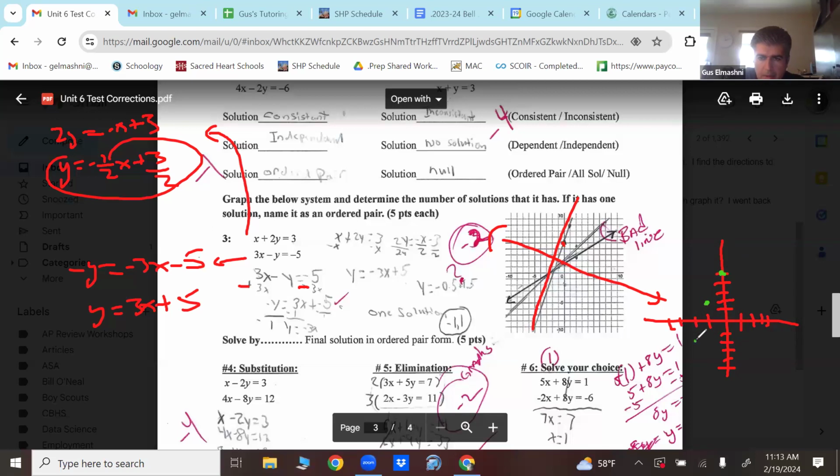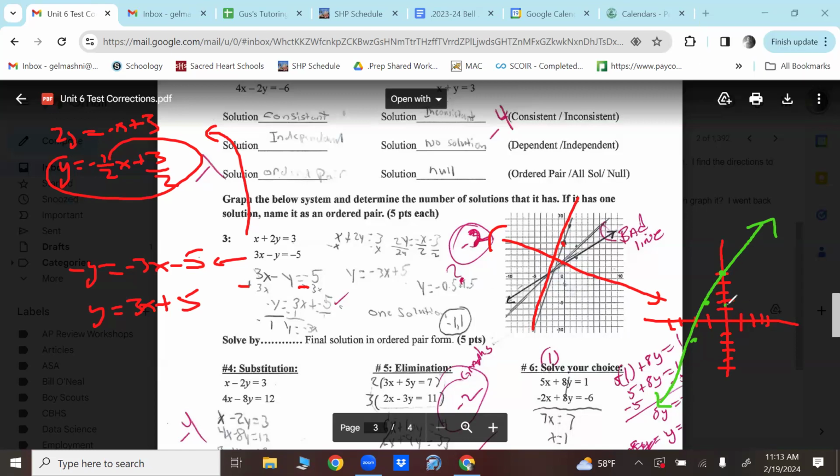Down 3, right 1. And then 3 halves. And up 1.